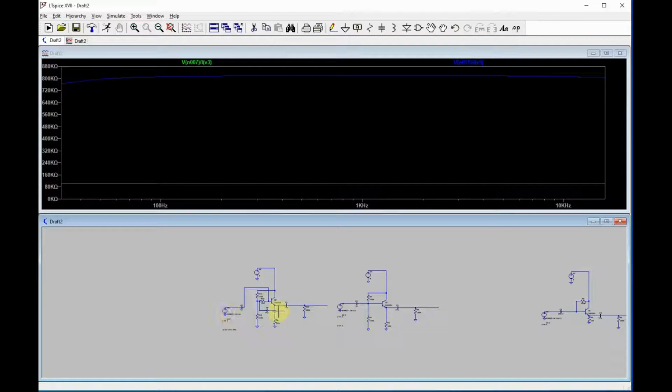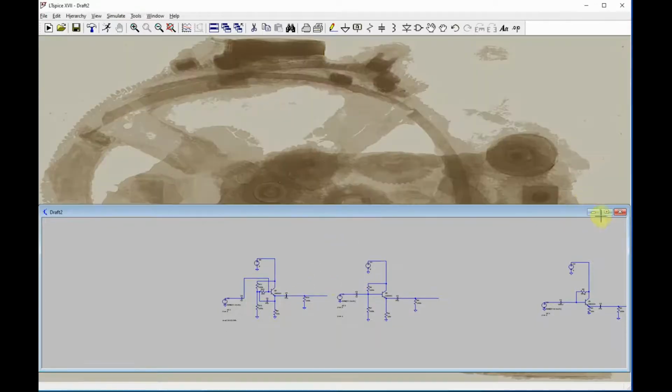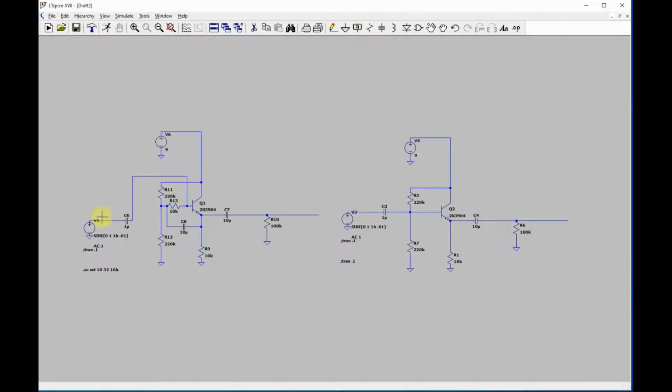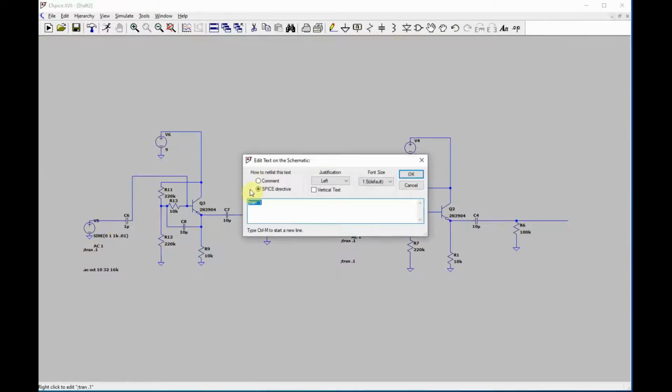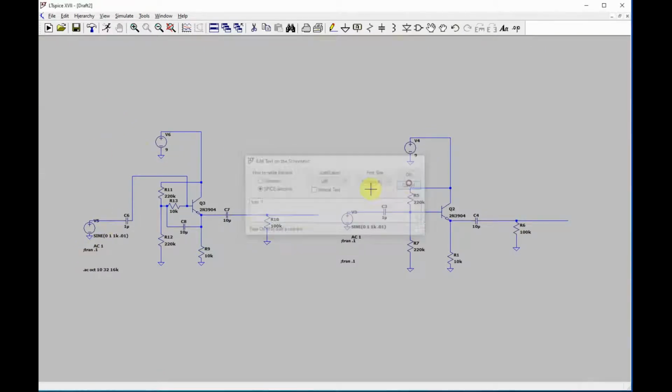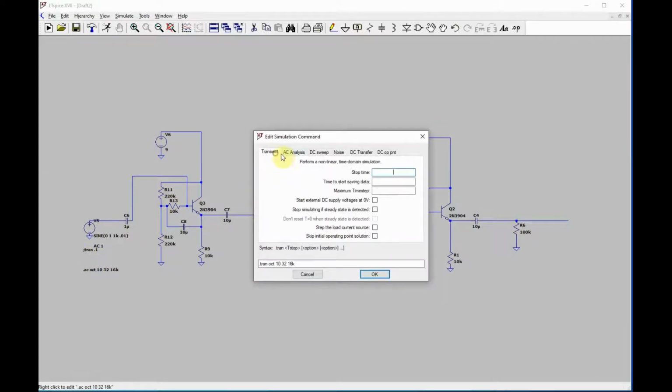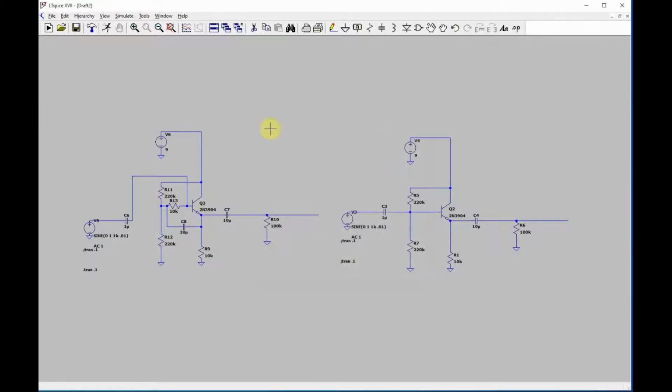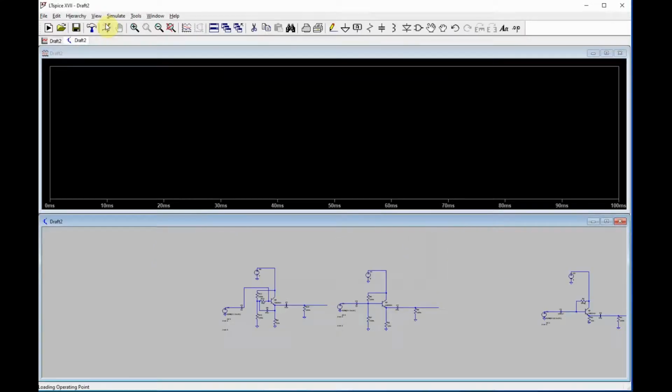You can get it up higher than that by altering these values a little bit. I just picked 10 microfarad and 10K, which is sort of on the order of it. Now, let's just check the biases and see if they've changed. They shouldn't have, but we're going to go ahead and run this. Okay. See what happens.